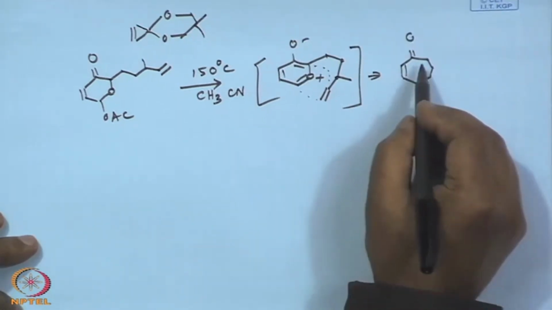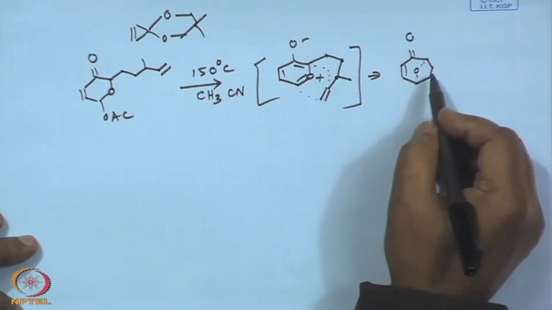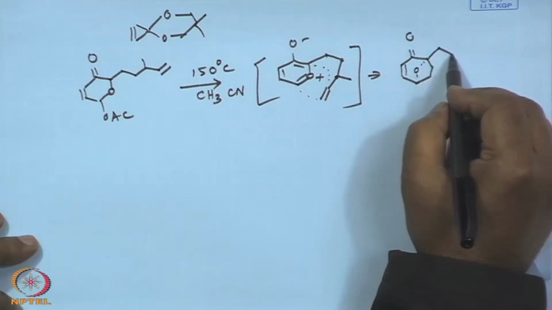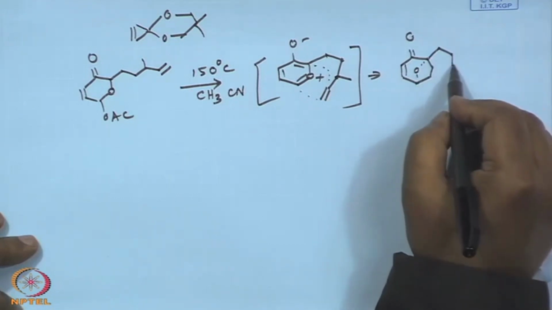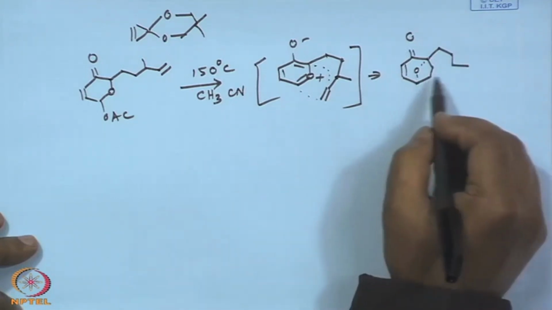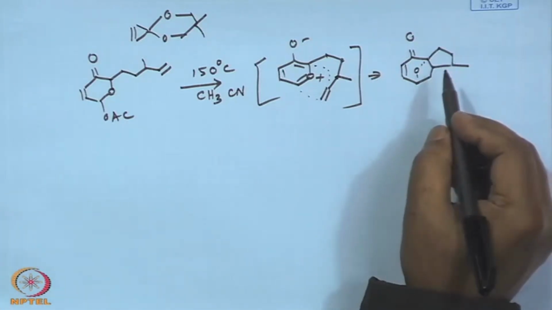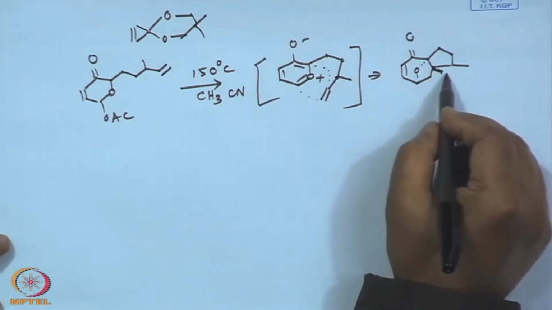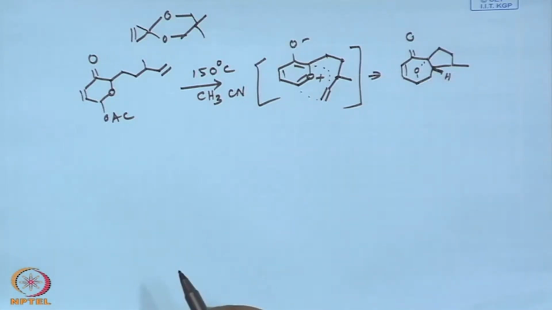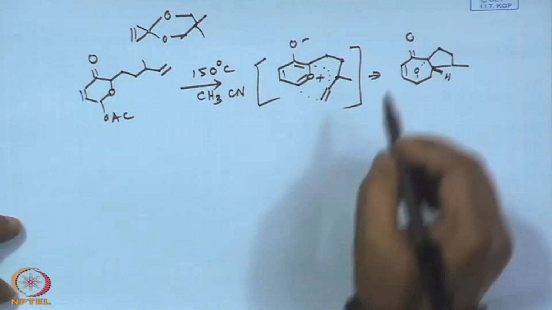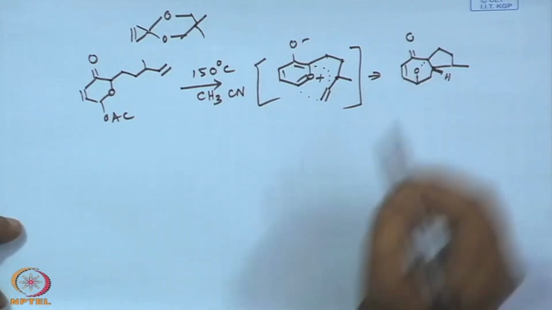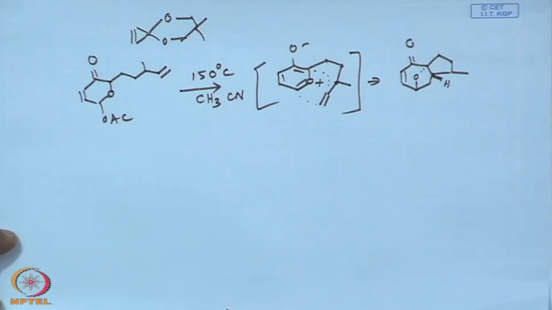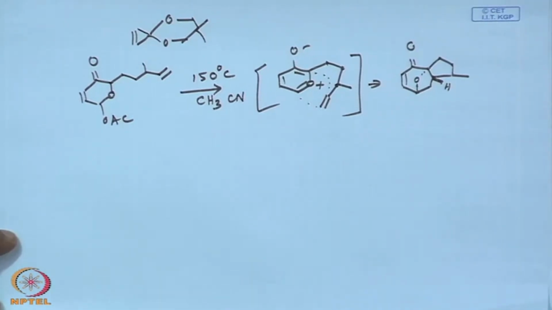You will have an oxygen part here, and then the substituent goes with 2 carbons, the third one is carrying a methyl group here, and by virtue of steric effect this hydrogen would be beta here, and what you get is basically once again a 7 membered ring system.